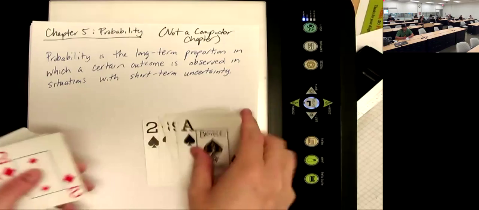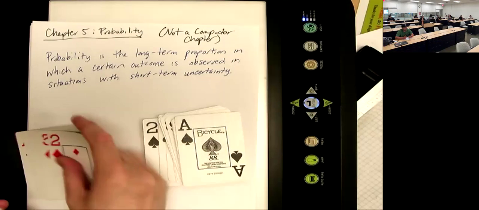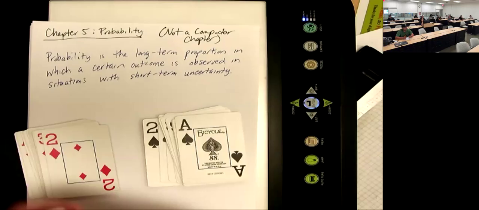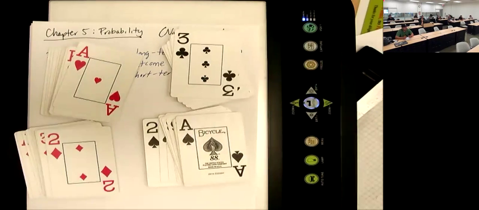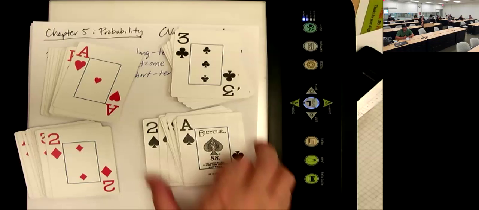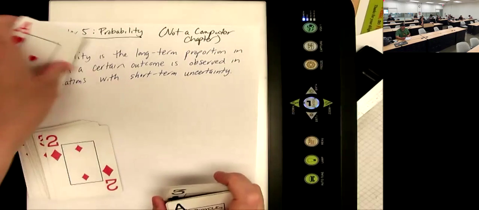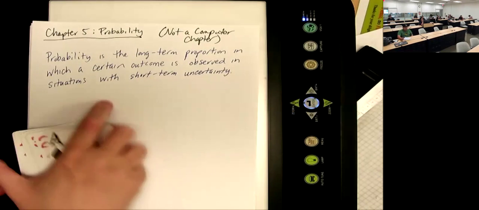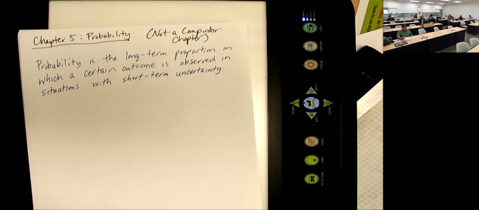There are 4 suits: diamonds, spades, clubs, and hearts. Each suit has 13 cards in it: ace, king, queen, jack, 10, and then 2 through 9. So there's a total of 52 cards in the deck. We use decks of cards a lot for probability. It's one of the easiest things to use because the probability is fixed.